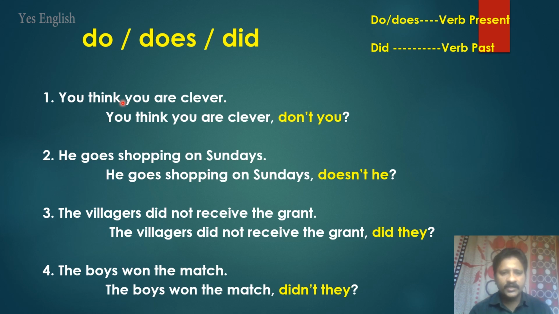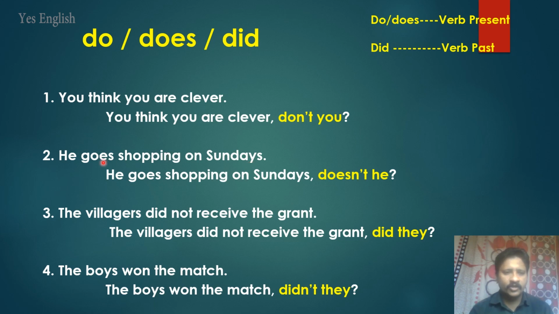If it is he thinks, it can be does instead of do. So instead of do not, we use don't, and finally we bring this pronoun here to end the tag. So, don't you.